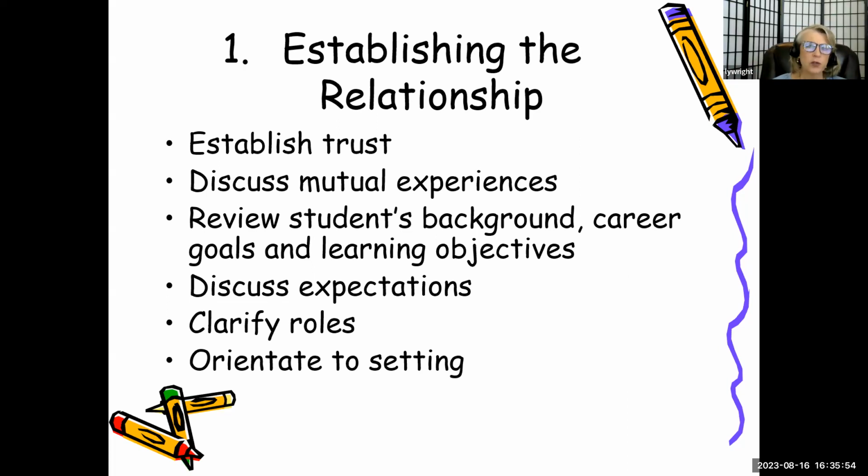Their learning style is important, and what their goals are. Clarify what your role is, perhaps if you have a nutritionist on your team, and see where the student falls in there. And then again, orienting them to the setting is really important, so they know where to go and be comfortable and not feel awkward in that environment.